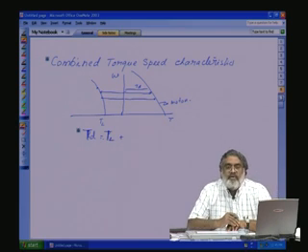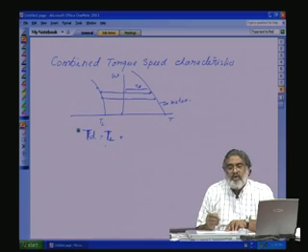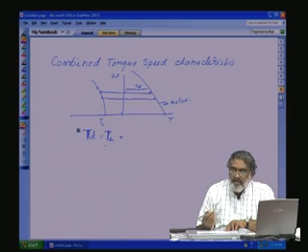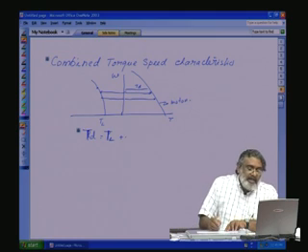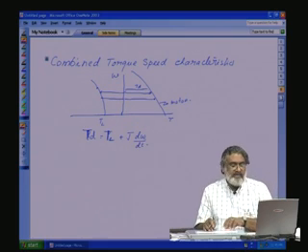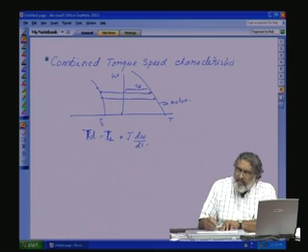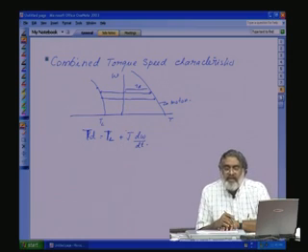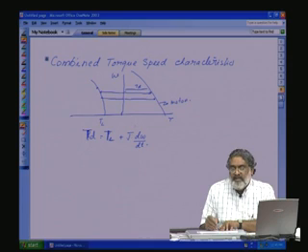During acceleration and deceleration, there is an additional torque demand from the load, which can be explained as J into d omega by dt, where J is the moment of inertia. So, whenever acceleration or deceleration is there, the total driving torque should be equal to the constant load torque plus the acceleration and deceleration torque.